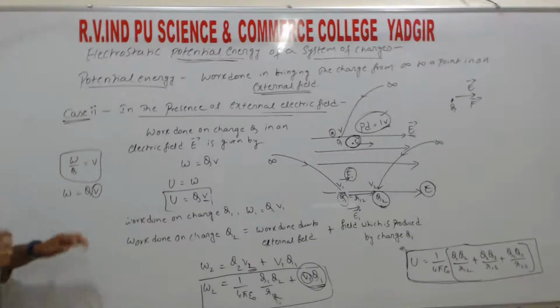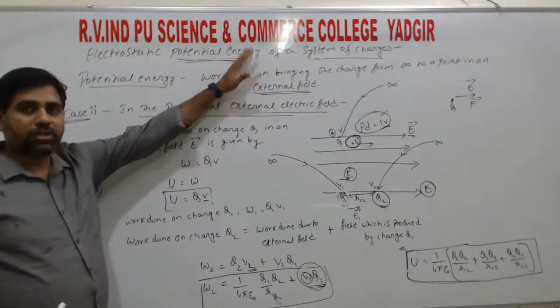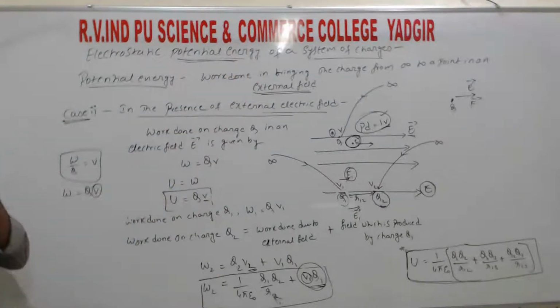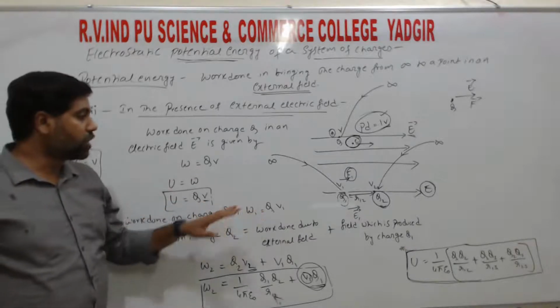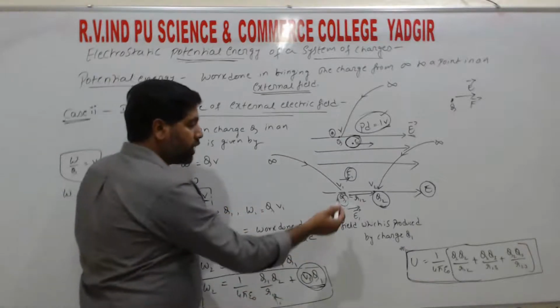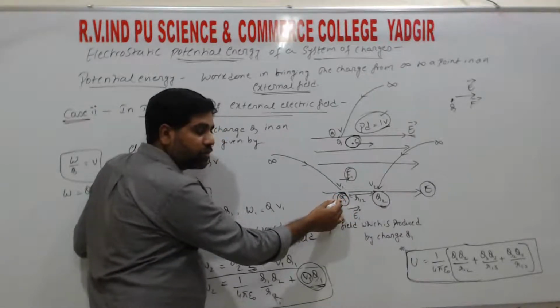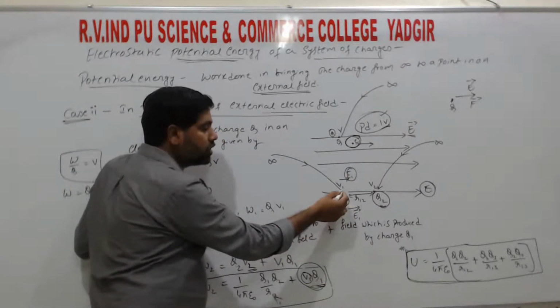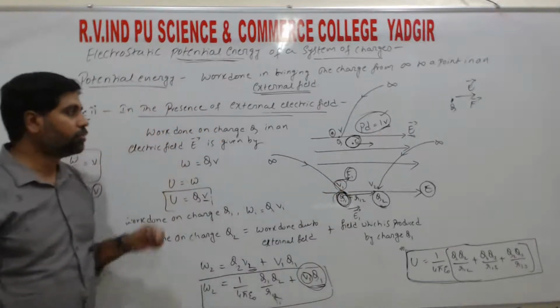So this is about the potential energy due to the system of charges, right? The concept is the same in both cases, but one extra quantity is added. In the previous case, in the absence of an electric field, the work done on charge Q1 is 0, but here the work done is Q1 into V1, right?